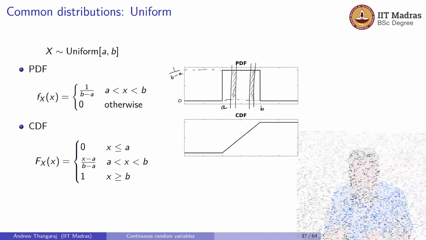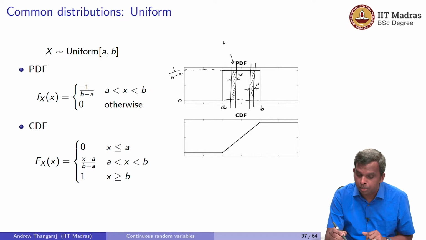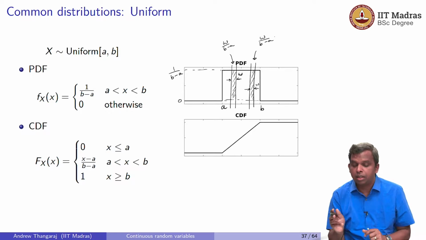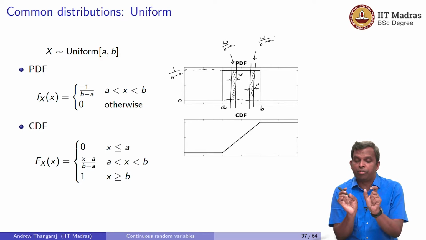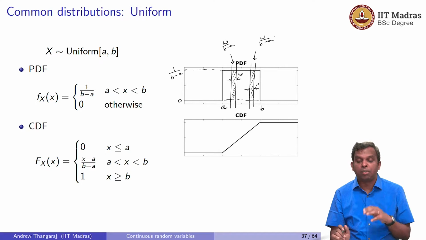Wherever you keep it, as long as the width is the same, right? So if this is some w, and if this is also w, probability of X here is w by b minus a. Probability of X here is also w by b minus a. So wherever you situate this window of width w, you're going to get the same probability. So that's the uniform distribution.